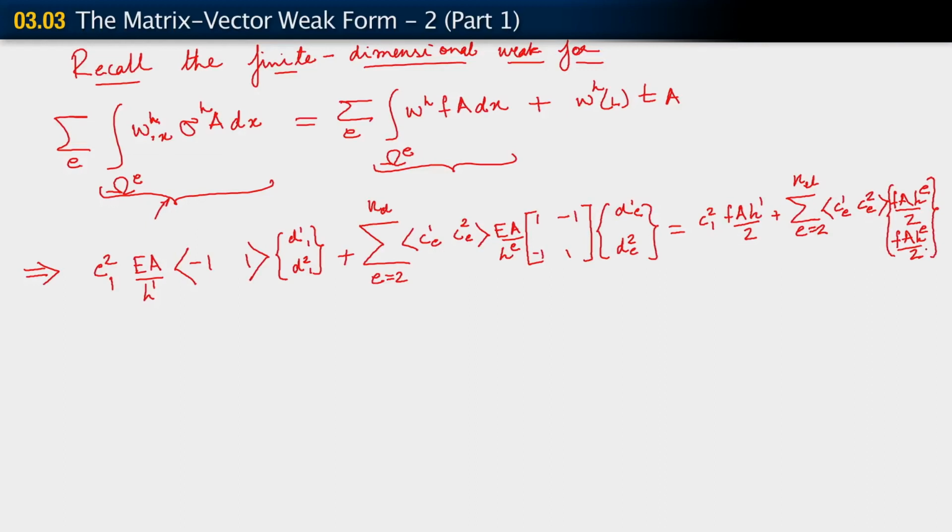Now, the terms we've written on the right-hand side are the ones that arise from that integral. And the term that we could safely not worry about when writing out these matrix vector contributions is that one, because that appears only at a single point, the point on which we have a Neumann boundary condition.